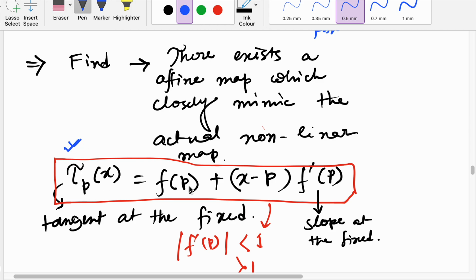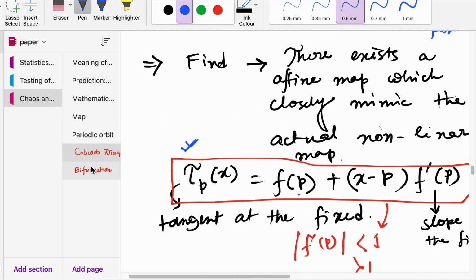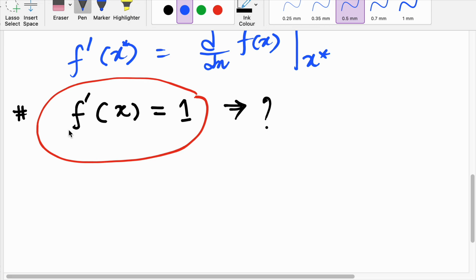If I draw a tangent at P on this kind of map, the slope of the tangent will be f prime P. So it is nothing but the slope of the tangent at that point, and f prime x means the slope of the tangent at that point becomes 1.